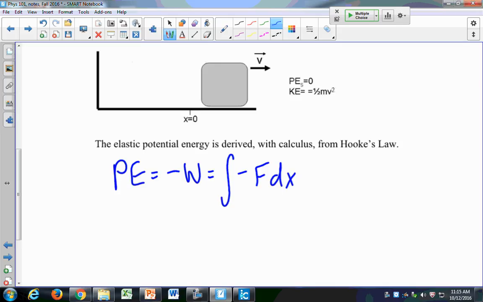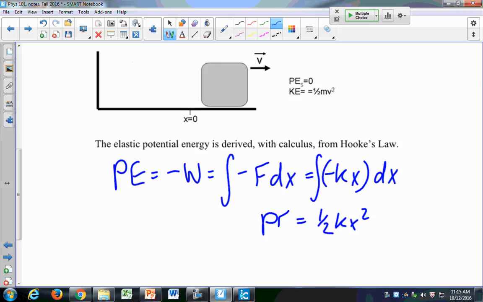If this doesn't make sense to you, don't worry about it. But some of you are in, actually none of you are in integral calculus, are you? Some of you have had it. So if I integrate over this f dx, I get the total amount of work done. That f is equal to negative kx. That's from Hooke's law. The integral of that with respect to dx is 1/2 kx squared.